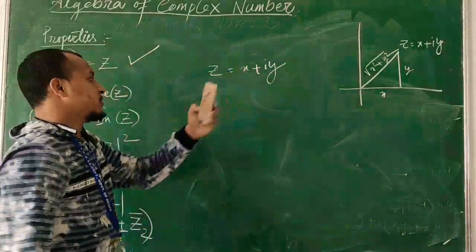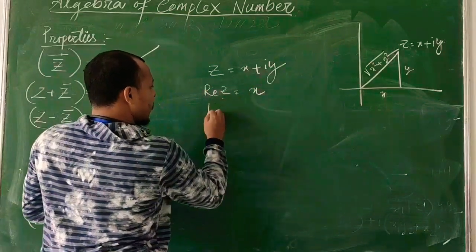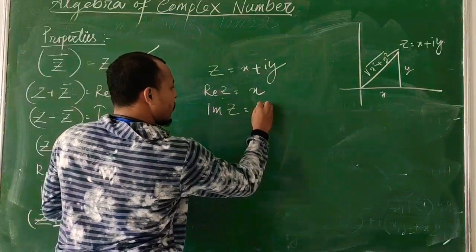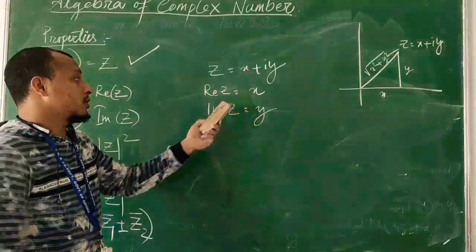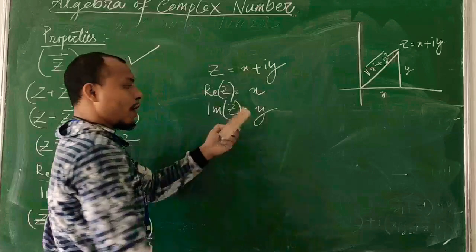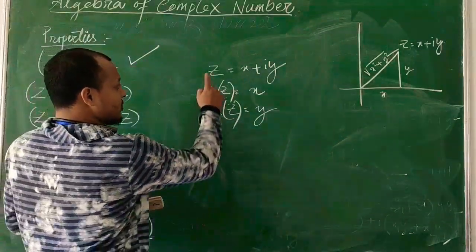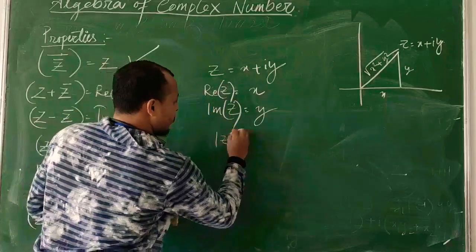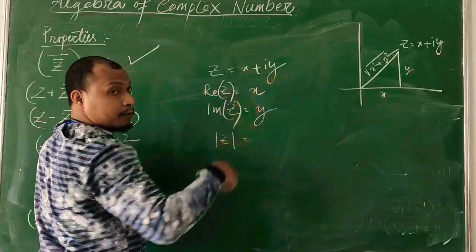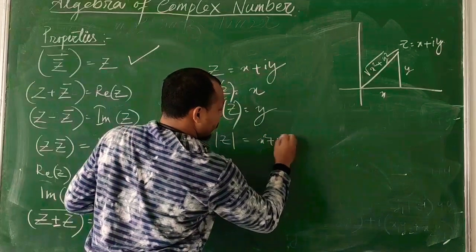We know z is equal to x plus iy. The real part of z is equal to x, and the imaginary part of z is equal to y. Okay? So now we check that. What is mod z? Mod z is nothing but, from what you studied, the square root of x square plus y square.